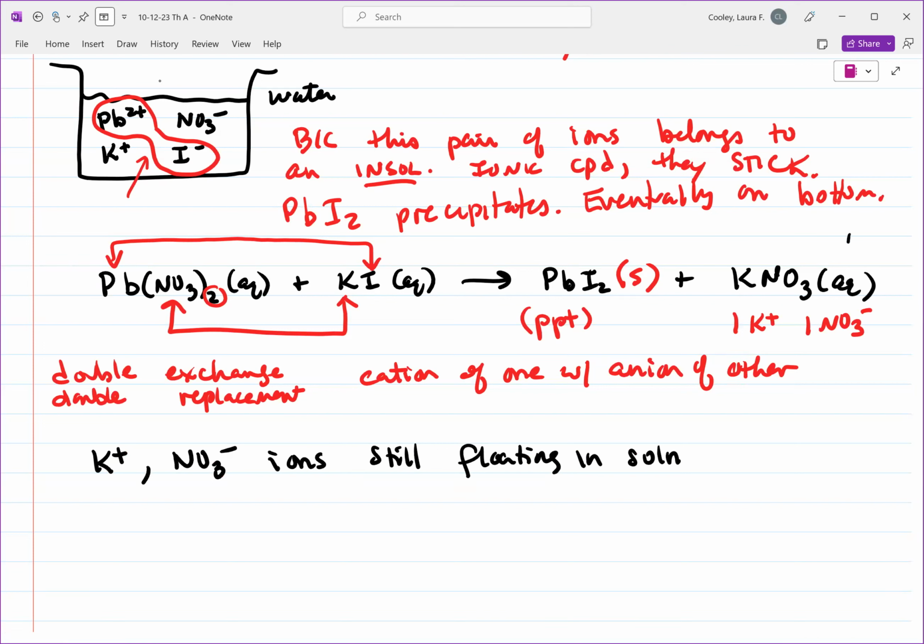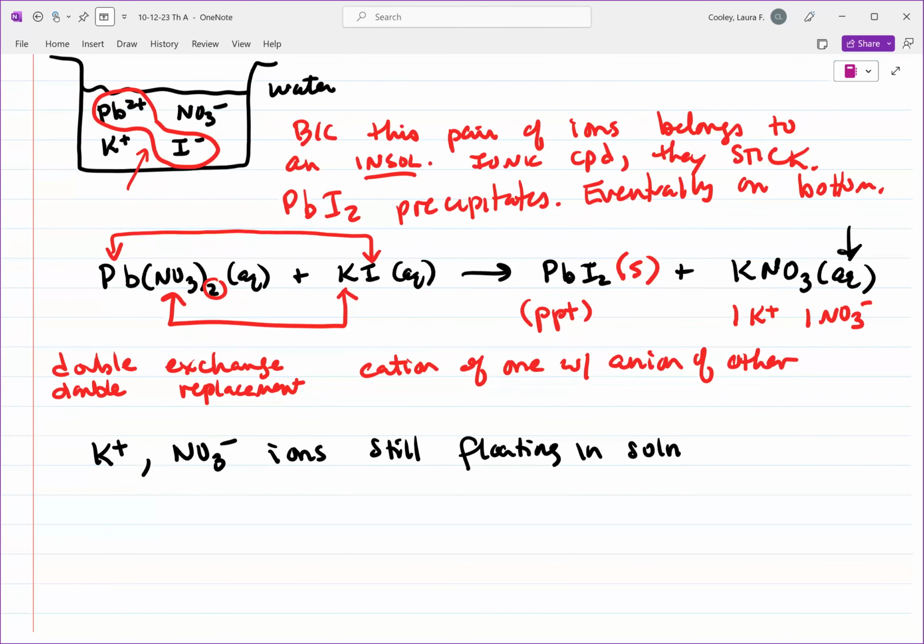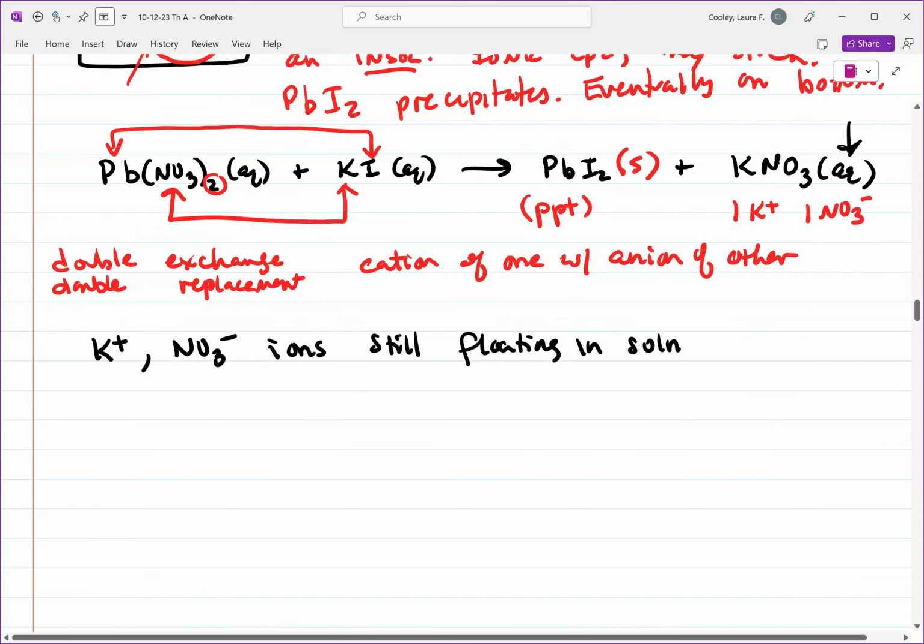In fact, that aqueous there means that they really exist as K plus and NO3 minus. So they're sort of just there. They're like sitting in the stands watching the reaction. That's just a way of writing it, honestly, because it's maybe easier to write it than separating the ions. But you can do the following, all right? So let me balance this. I did it already, but I'll do it again.